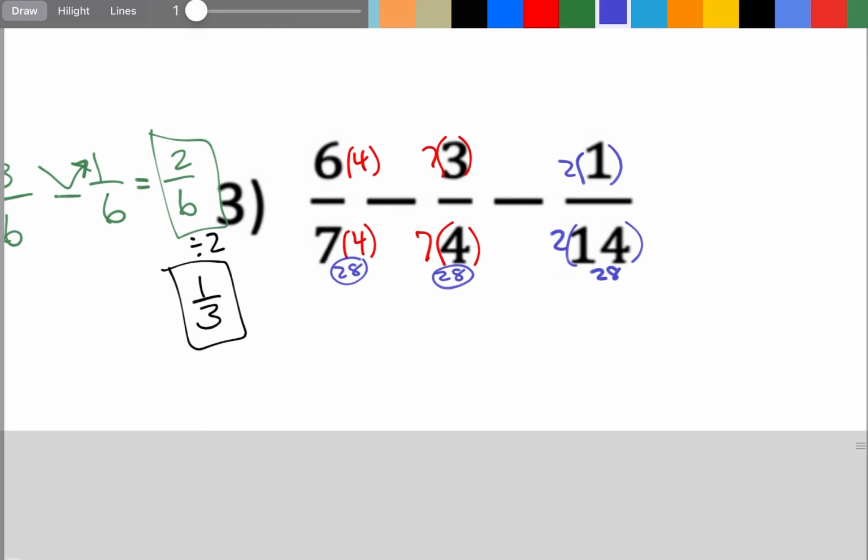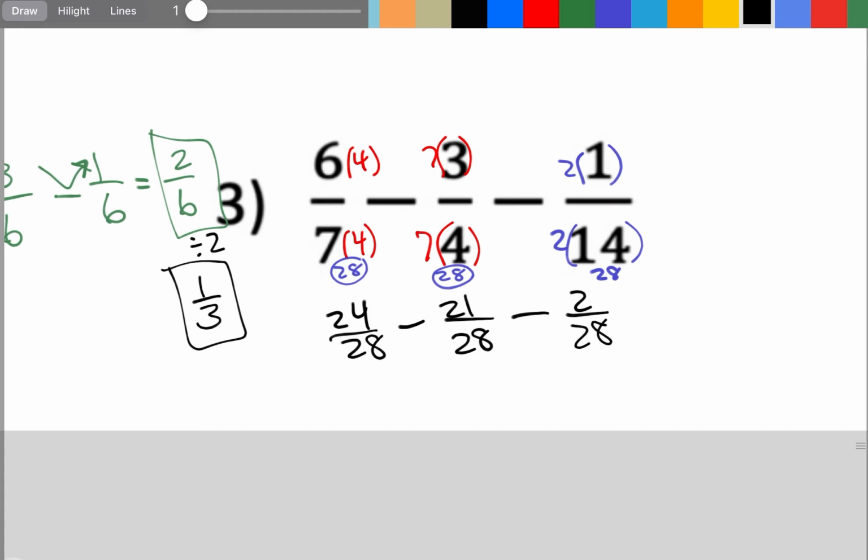How do you do this? With skill, y'all. It's called least common denominator. We'll get deeper into that later. The new problem becomes 6 times 4, which is 24, over 28, minus 7 times 3, which is 21, all over 28, minus 2 times 1, which is 2, over 28. 2 times 14, 28.